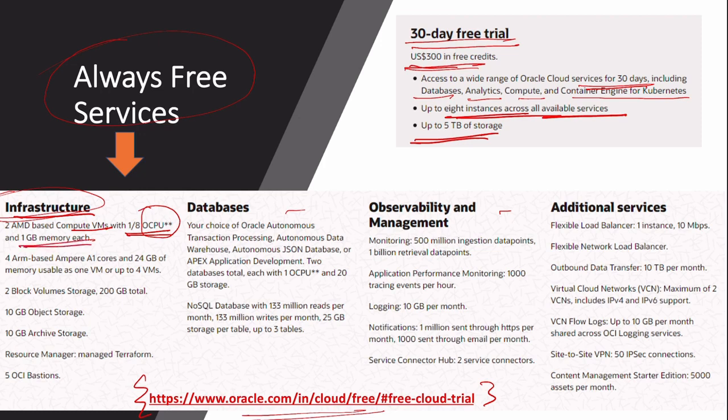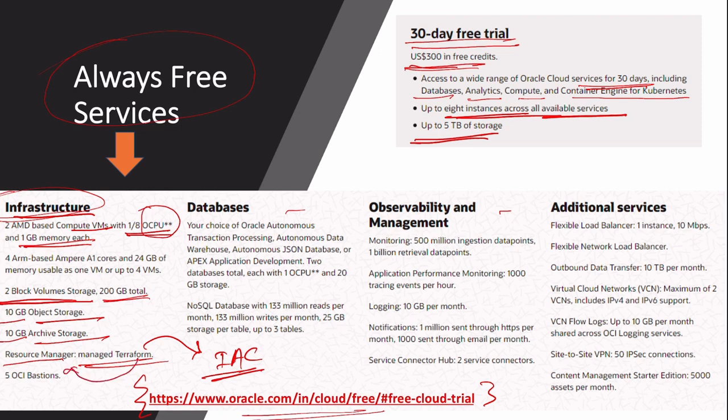Then 2 block volume storage, total 200 GB. 10 GB of object storage, 10 GB of archive storage. Resource Manager, which is managed Terraform, known as IaC, infrastructure as code. Whenever they talk about Terraform, you need to understand that it will be enabled from the Resource Manager, so you need to choose that option.